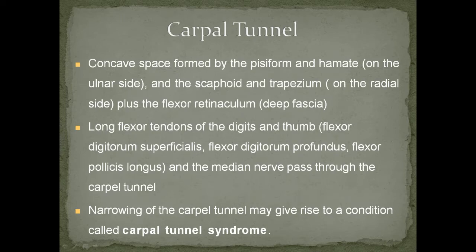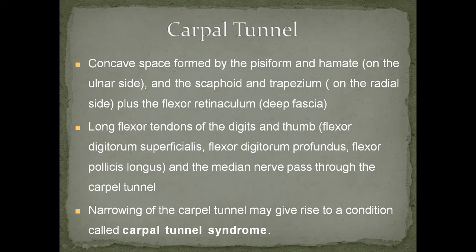The long flexor tendons of the digits and thumb and the median nerve pass through the carpal tunnel. Narrowing of the carpal tunnel may give rise to a condition called carpal tunnel syndrome.